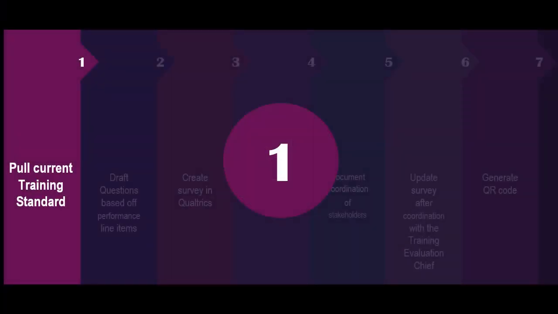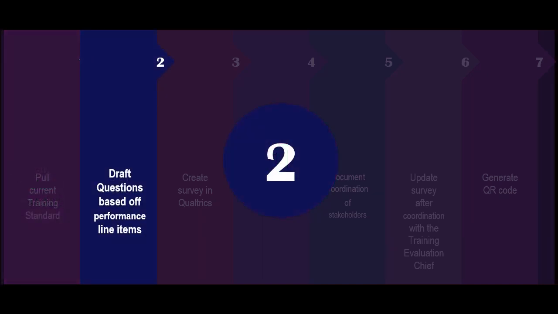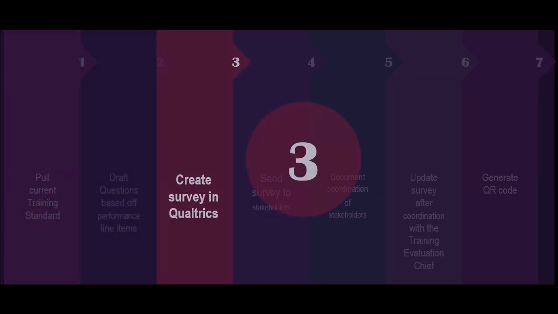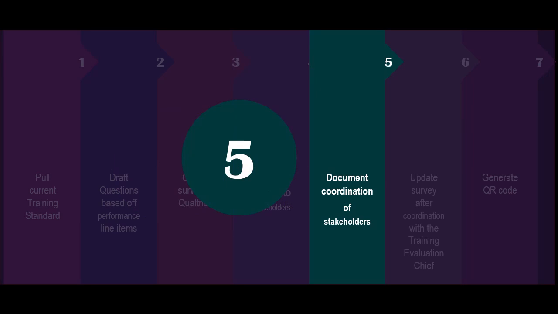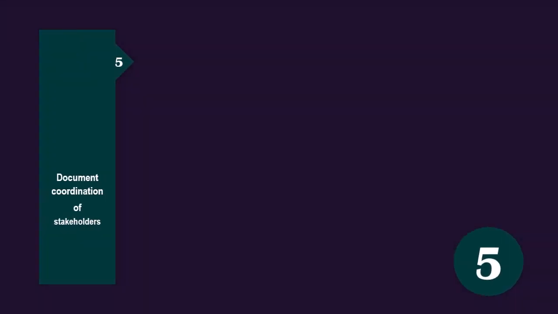Let's recap. You did the first step of pulling the training standard and verifying it. You then created the draft of the FEQ, built it in Qualtrics, and sent it for coordination in accordance with AETCI 36-2651. The next step is to document coordination. To document coordination, you're going to create a PDF of the email that you sent to the stakeholders.